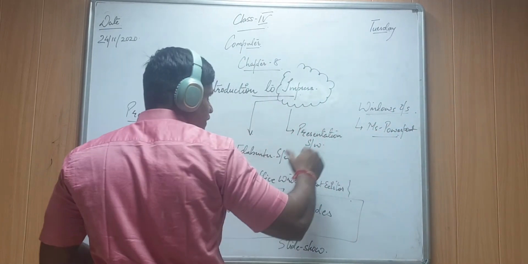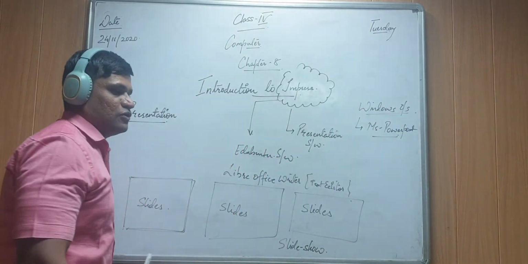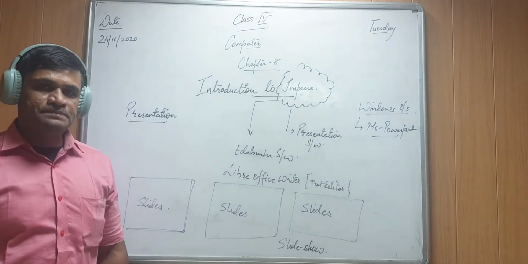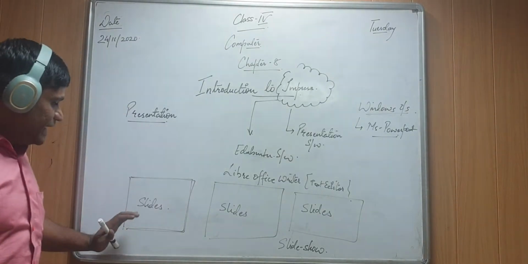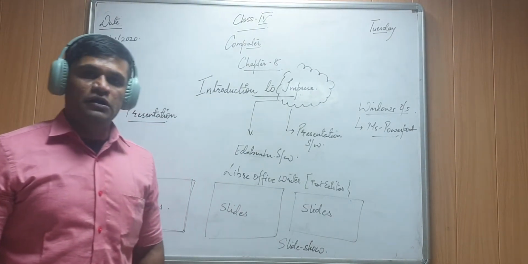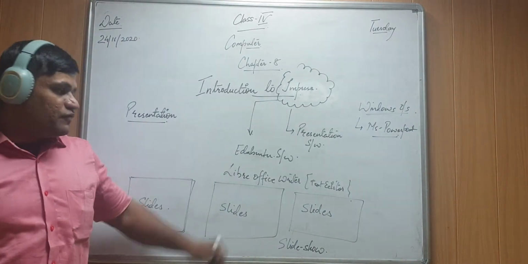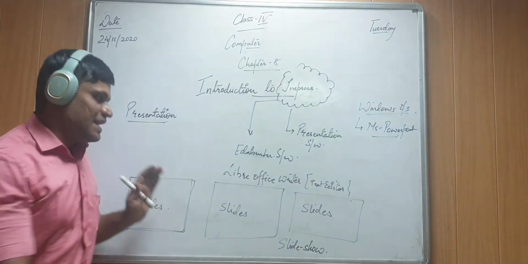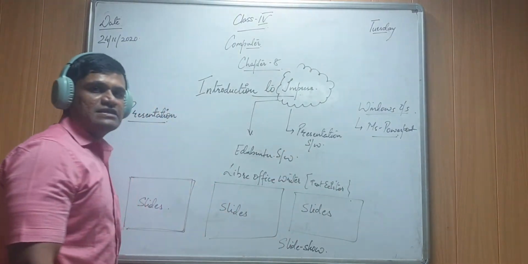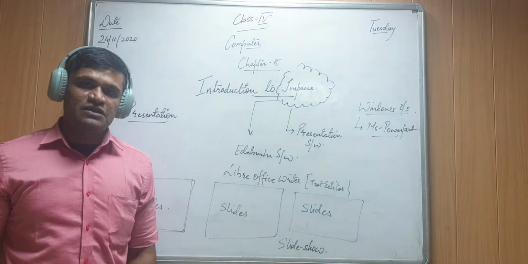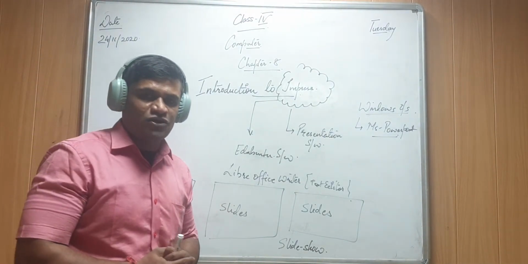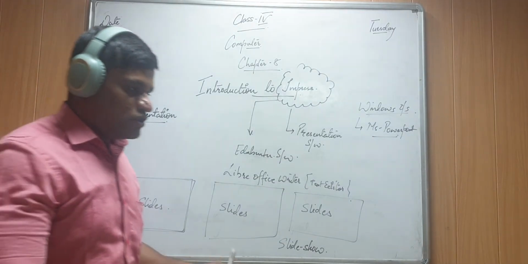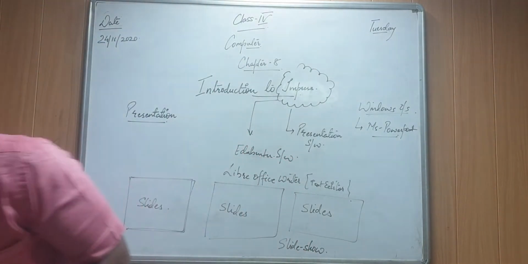Similar presentation software is available in your Windows operating system also, which is known as MS PowerPoint. The individual pages on which we display the information are known as slides, and the combination of more than one slide, when run together in a particular series or order, is known as a slide show. So this is the basic terminology.